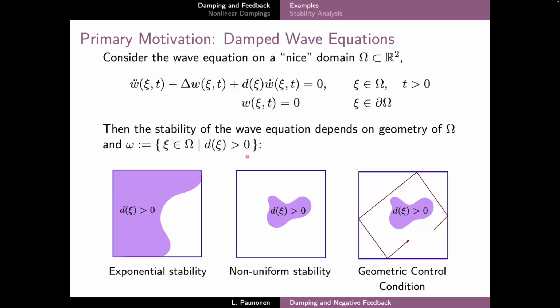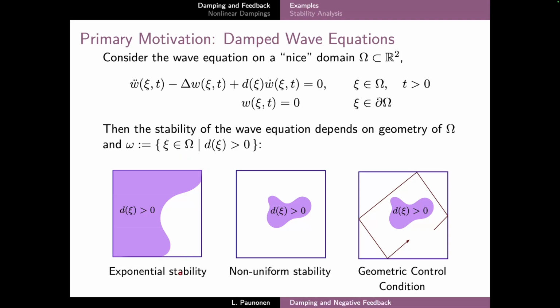And the damping region is simply defined as the subdomain where the damping function has non-zero values. Whenever this damping region has positive volume, we get asymptotic stability, but the rates of convergence depend on the properties and geometry of this region.